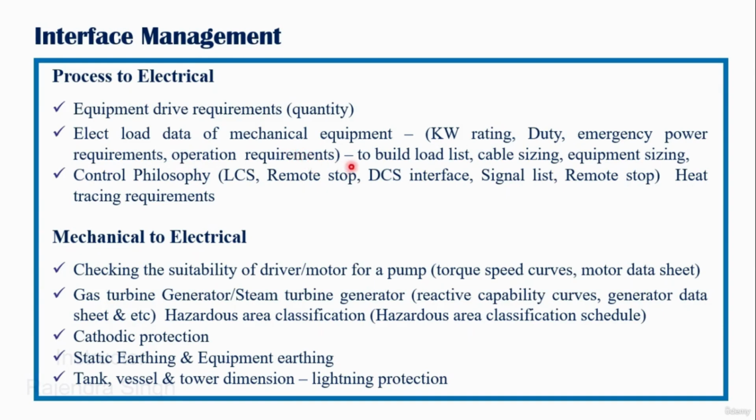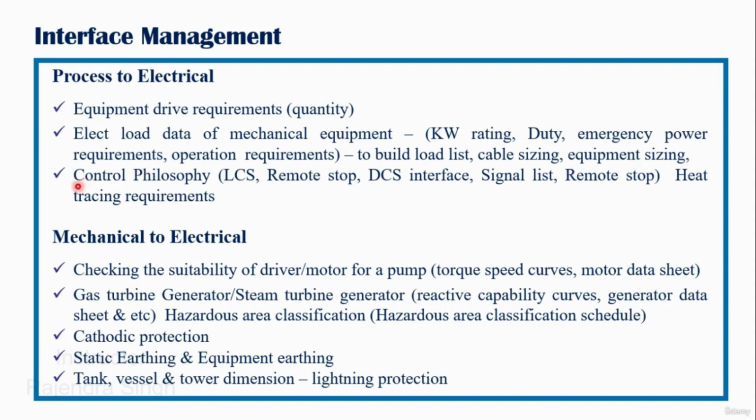This is required in order to prepare the load list, cable sizing, equipment sizing, and other important internal work which will be utilized for further engineering design for the project.